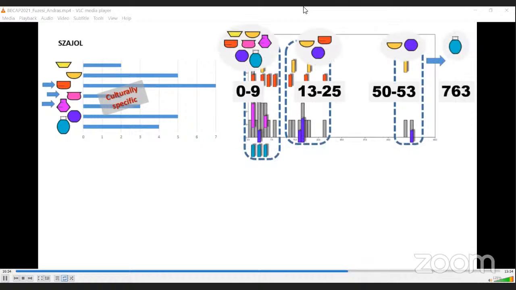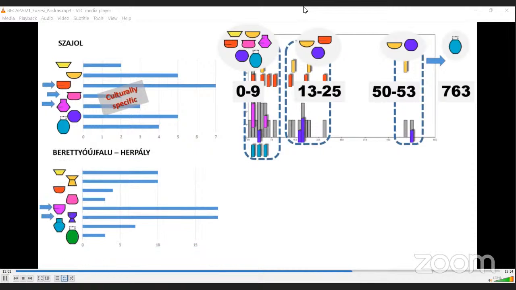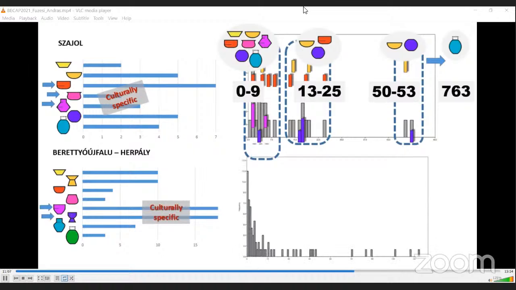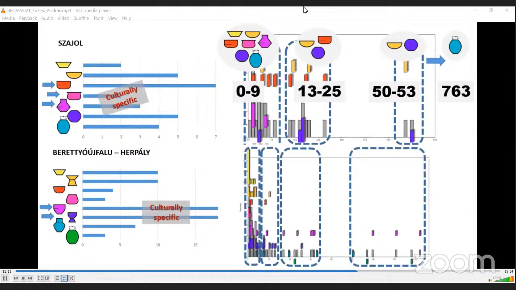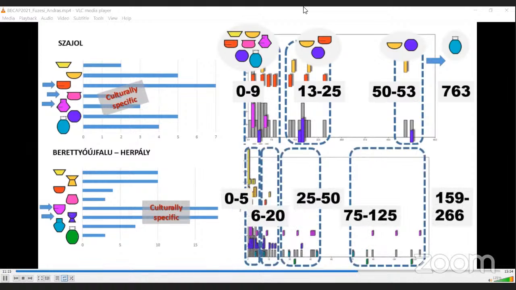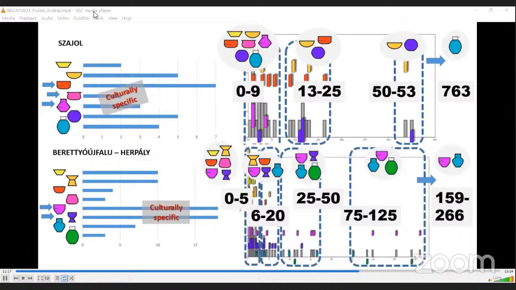For each site, I will now focus only on the most important features. The three-room building in Herpai provided 3 times as many pots as were found in Öcsöd, distributed approximately equally between the rooms. However, the larger quantity resulted in a more blurred image, especially in the smaller size ranges.